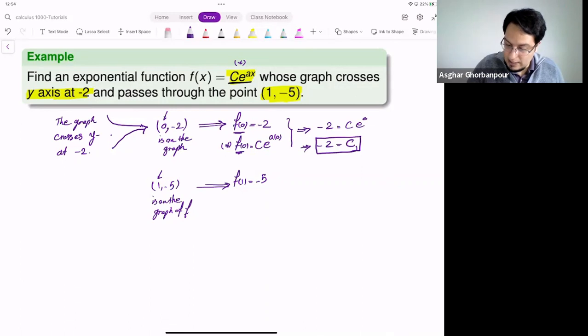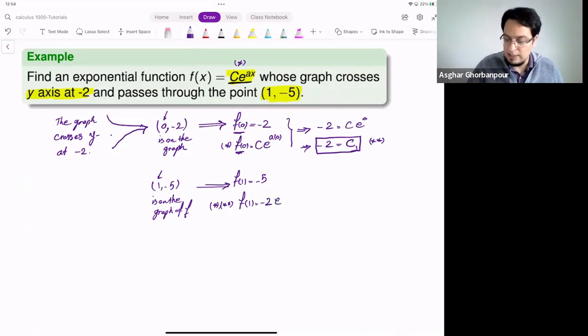Similar work can be done here, but now I also have more information. Not only will I use the point (1, -5), but also the fact that c is -2. So f at 1 is -2 e to the power a times 1, where instead of c I plugged in -2.